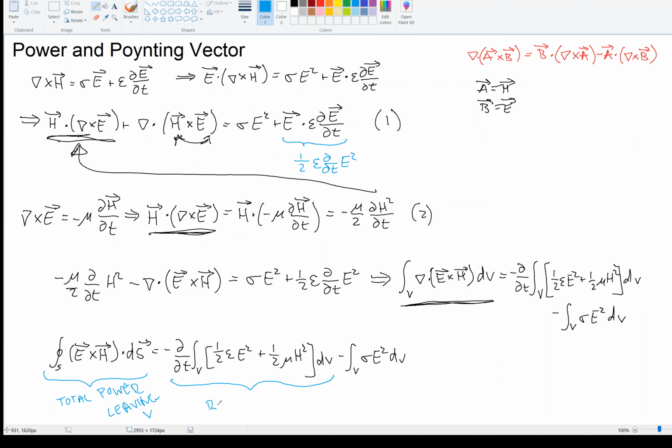So this is the rate of decrease, because of the negative sign, and it's a rate because of the time derivative, rate of decrease in energy stored in that volume via the electromagnetic field. And then this term here, we recognize this from our calculation of resistance and Ohm's law in point form. This is the ohmic power that's dissipated in the volume.